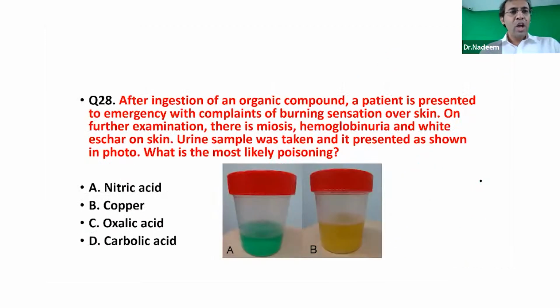Next. Now let's learn about all the poisoning cases. After ingestion of an organic compound, a patient presents to emergency with complaints of burning sensation over skin. On further examination, there is miosis, hemoglobinuria, and white eschar on skin. Urine sample was taken, and you can see there is green urine after oxidation. In which poisoning do you see green color urine?